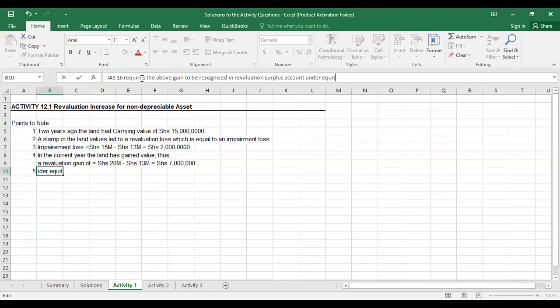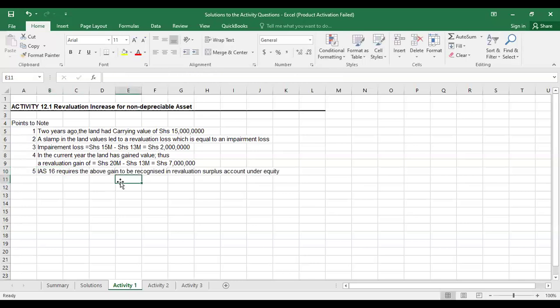Sorry, the difference is 7 million, not 17. Let me correct it. You remember, when there is a revaluation gain, we are recognizing this as a revaluation surplus under our equity.